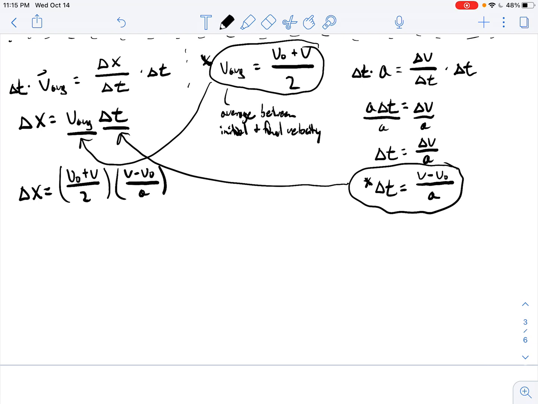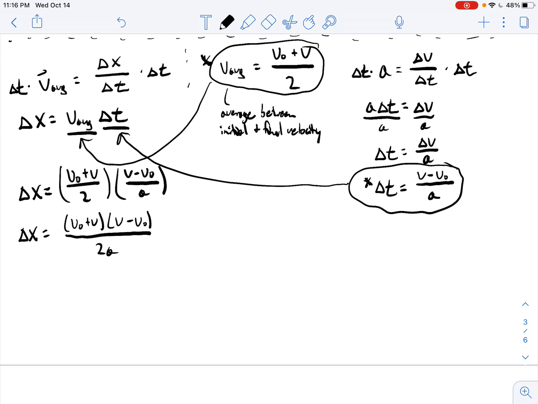In multiplying these two fractions with each other, we can rewrite this as delta x equal to, in our numerator up top, v initial plus v times the quantity v minus v initial. And then the 2 and the a at the bottom get multiplied to form a new denominator, 2a.